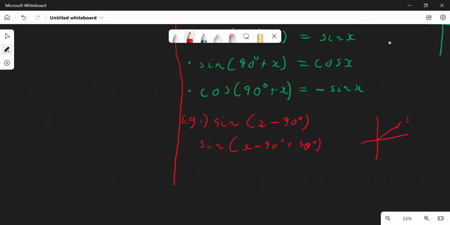I thought that would work, but it gave me an incorrect answer. I ended up with sine of 270 plus x, and then tried to work it out in this way. It turns out this wasn't the correct way to deal with this.